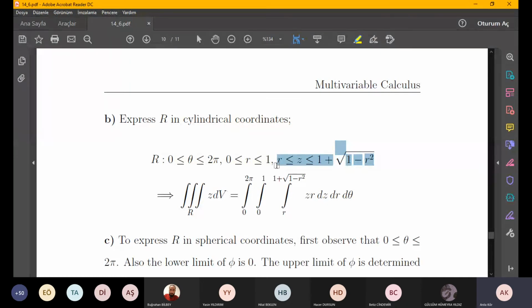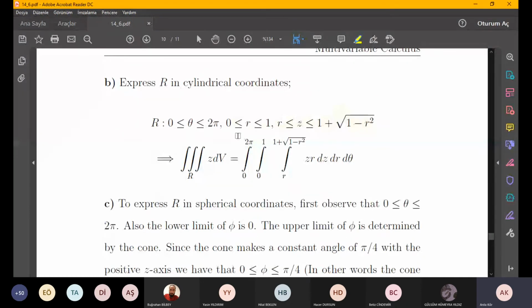After that, we will not compute, we will just express the triple integration over R in terms of r, theta, and z, so in cylindrical coordinates. The only thing you need not forget is the Jacobian.